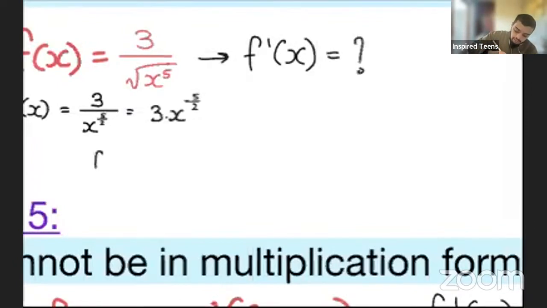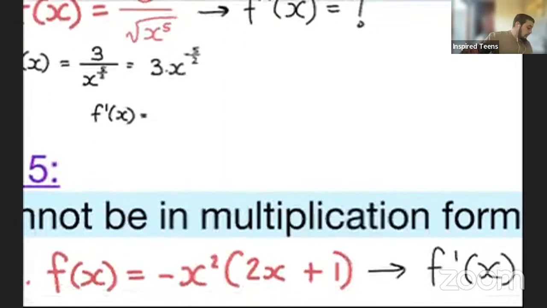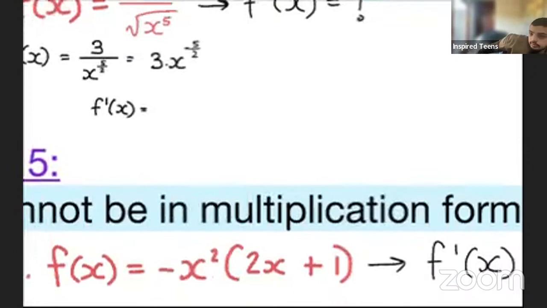So f prime of x is exponent times coefficient, which is -5 over 2 times 3. That gives us -15 over 2, times x to the power of negative 5 over 2 minus 1.